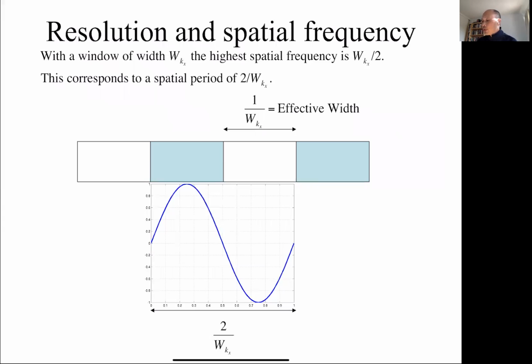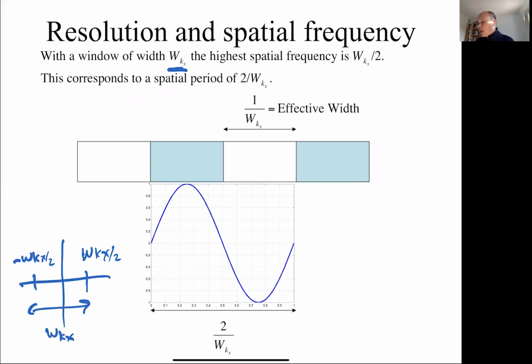So we can think about resolution and spatial frequency. If I have a window of width WKX, then the high spatial frequency is at WKX over 2, and this is over at minus WKX over 2.